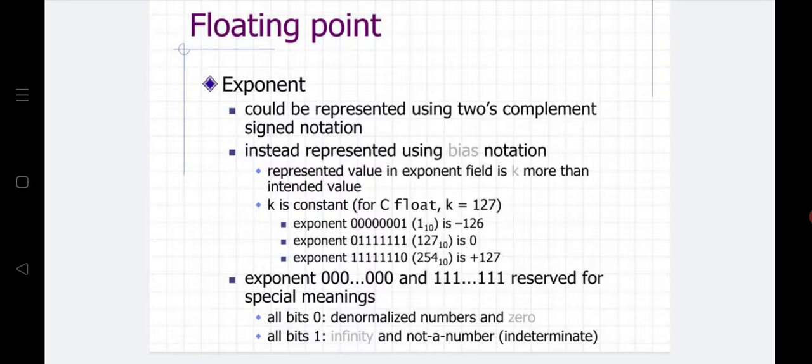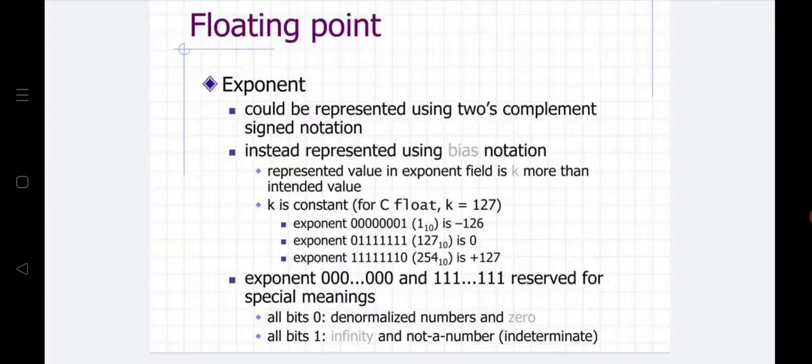The represented value in the exponent field is k more than the intended value. Whatever value you are going to represent in the exponent will be k more than the actual value. So k is a constant, and generally this constant value is 127.